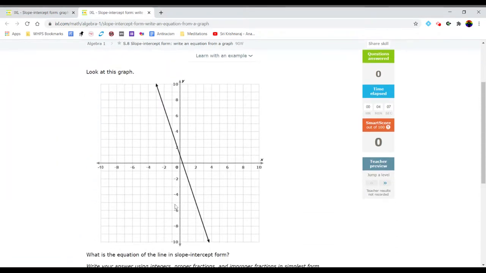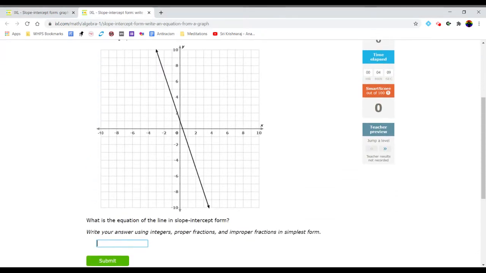All right, now let's write the equation in slope-intercept form. So in order to write the equation, I need to know m and I need to know b. B is the y-intercept. So the y-intercept here is 1. And the slope, I'm going to look at this point, and then I'm going to look for the next point where the lines cross, which is right here.